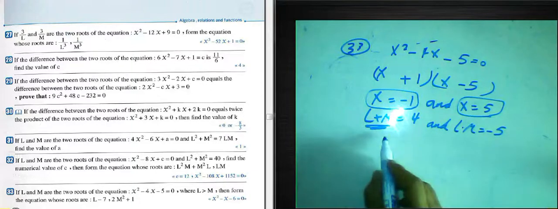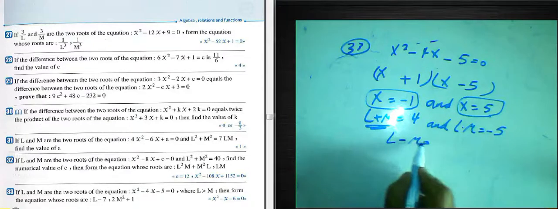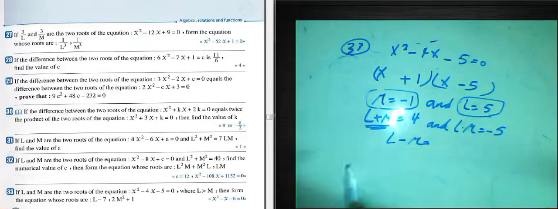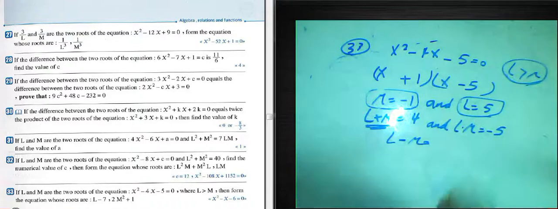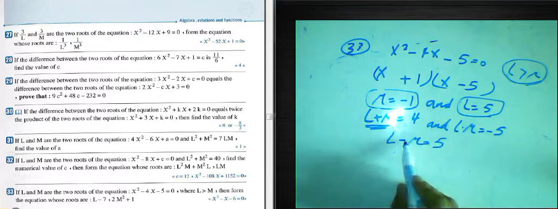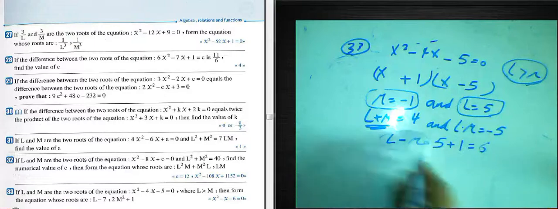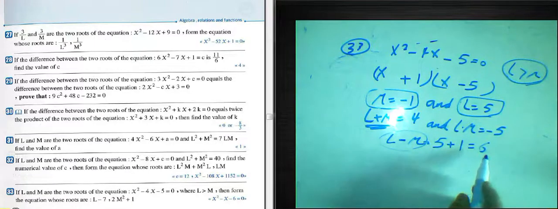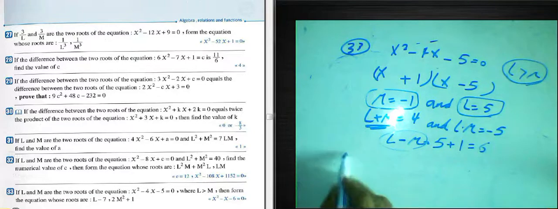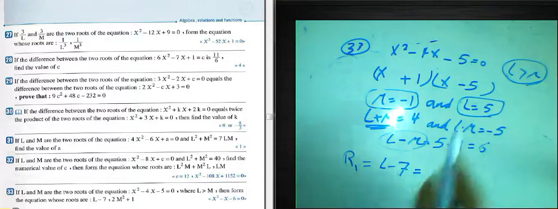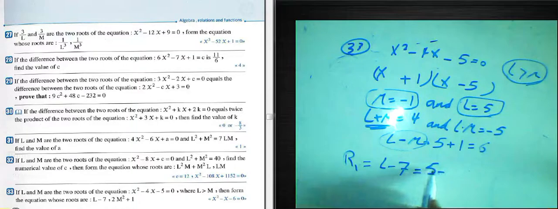And we know L minus M, because it will be L and it will be M, because L more than M. L minus M, L 5 minus negative 1 equals 6. Okay, so we can find the relation from equation R1: L minus 7 equal 5 minus 7 equal negative 2.